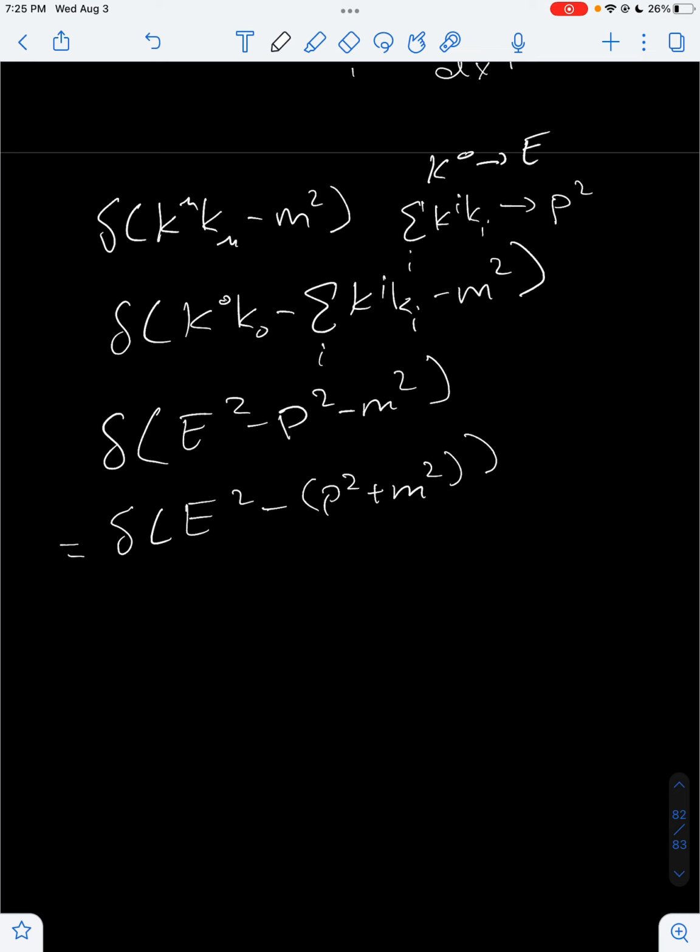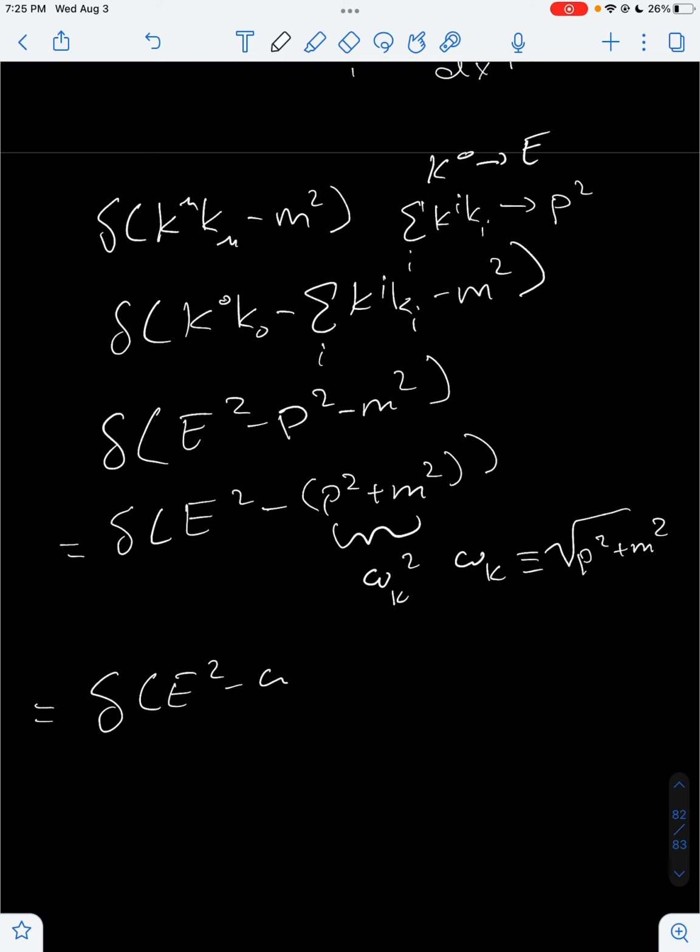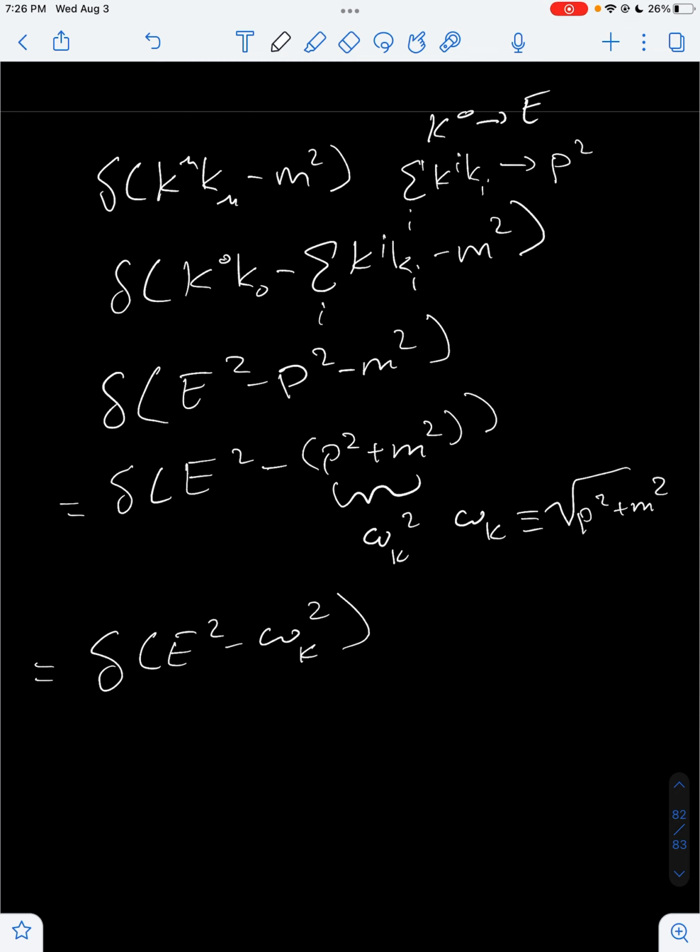Okay, so let's define this quantity as omega k squared. So omega is being defined as the square root of p squared plus m squared. So we now have that our delta distribution is e squared minus omega k squared. Alright, so this is of course the difference of squares.